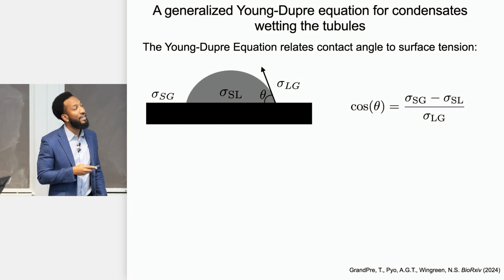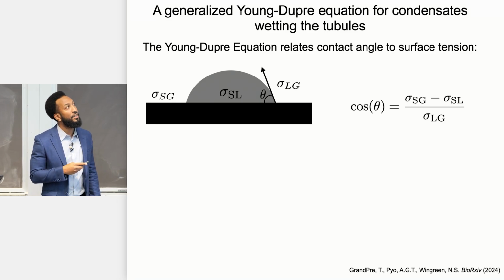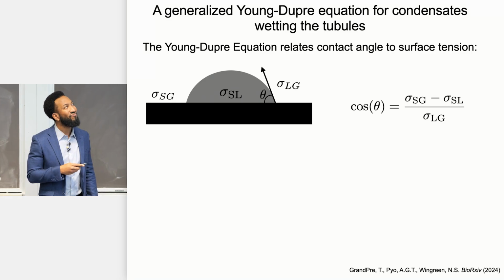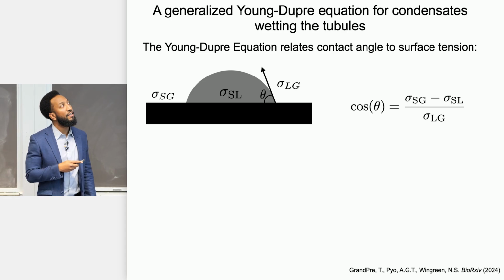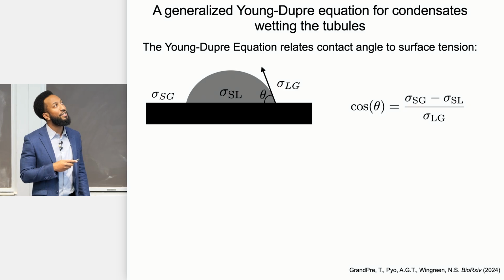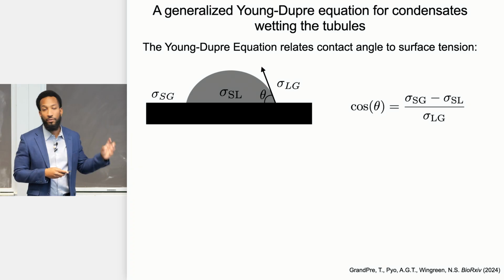That's given by this equation, the Young-Dupré equation. It tells you that you can characterize the forces by this contact angle. This liquid droplet will have a contact angle. If you draw a line at the very edge of it, what that makes with the surface is the contact angle. And by knowing that angle, you can know the three forces.